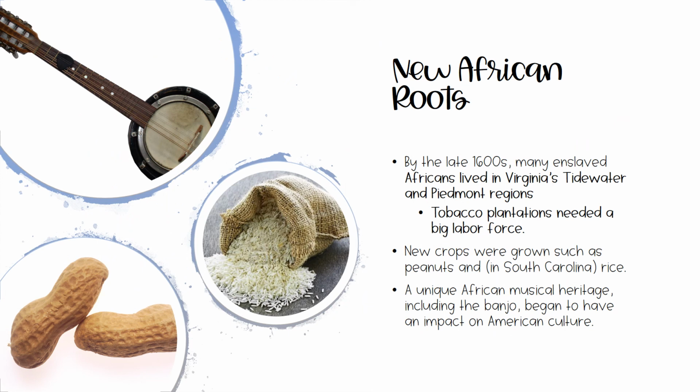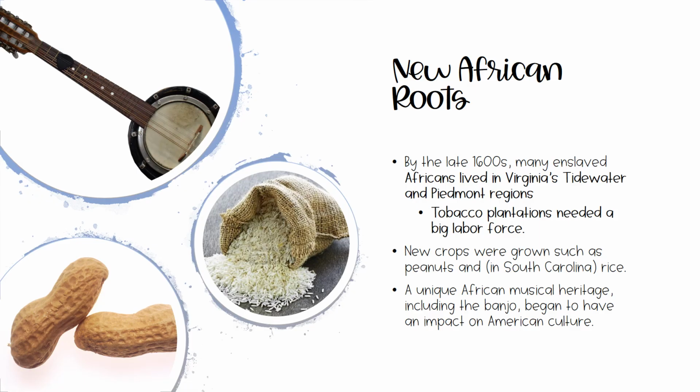The last group of people we're going to look at is the group that had the least voice in where they went or what they did. Even with that being said, Africans had a huge impact on Virginia's cultural landscape. By the late 1600s, many enslaved Africans lived in Virginia's Tidewater and Piedmont regions.